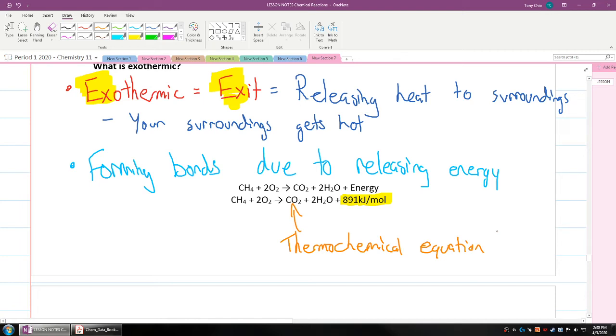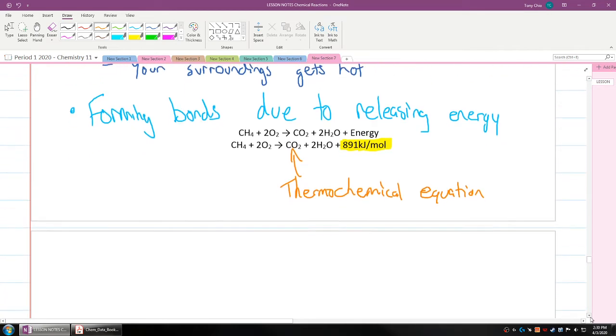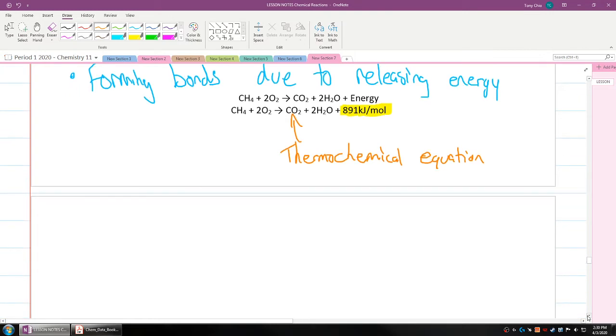Now, if you need more room, you can flip the page over to the next page. What's delta H? Well, if the products have less energy than the reactants, delta H, remember, is the change in enthalpy. It's the enthalpy of the products minus the enthalpy of the reactants.